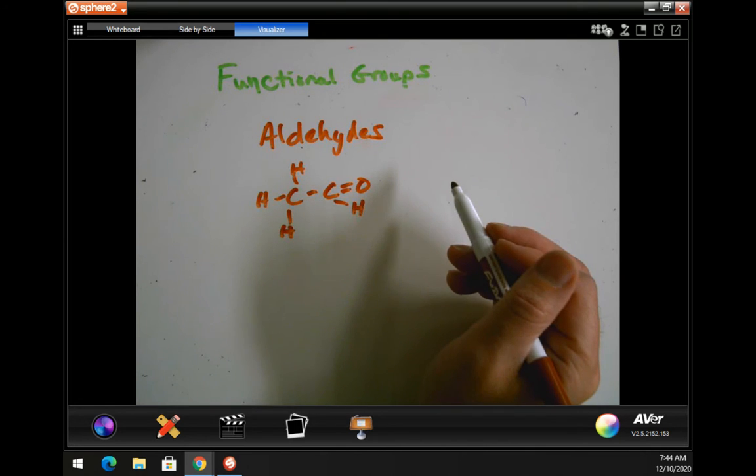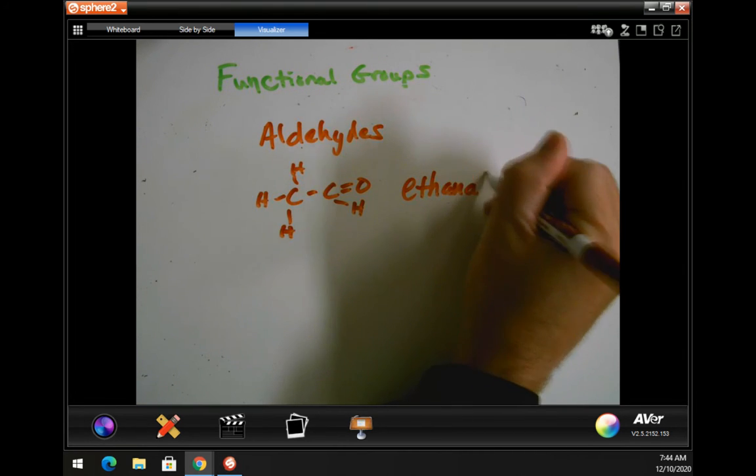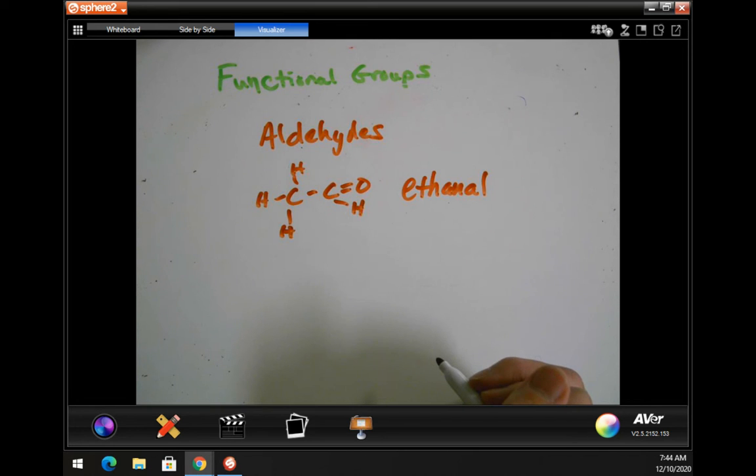And they're really simple to name. They're very similar to the way you name alcohols. Alcohols, you added OL, right? Aldehydes, you add AL. So this would be ethanal. Ethanal. That's all it is.